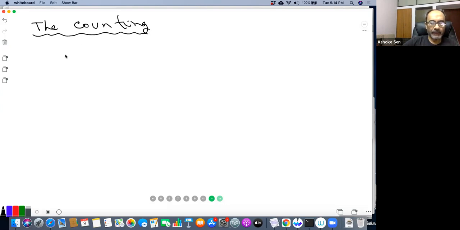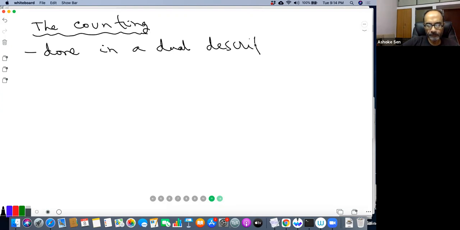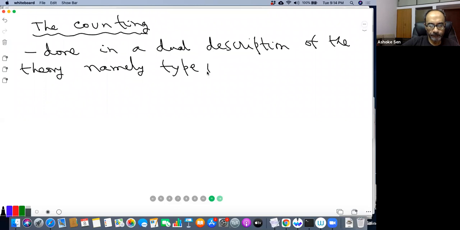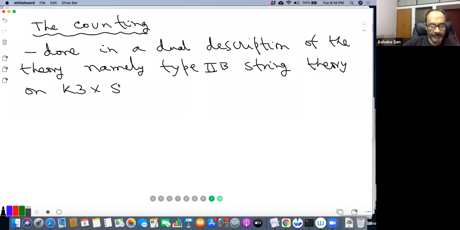But the actual counting is in fact done in a dual, equivalent description of the theory, namely type 2B string theory on K3 times S1 times S1 tilde. I'll explain what this is.